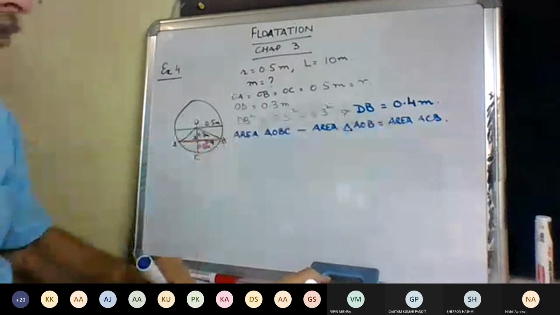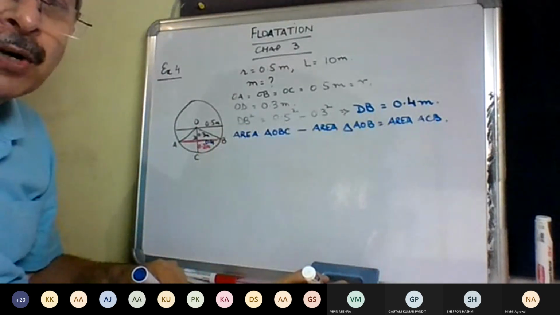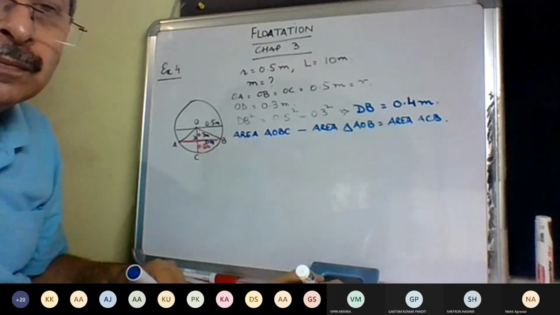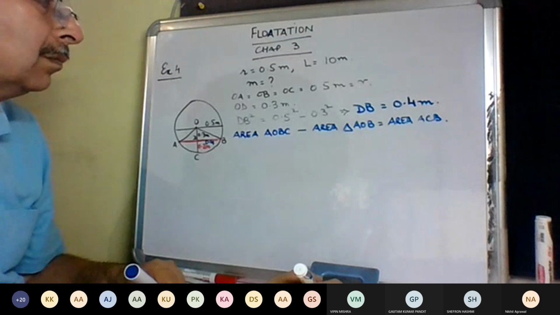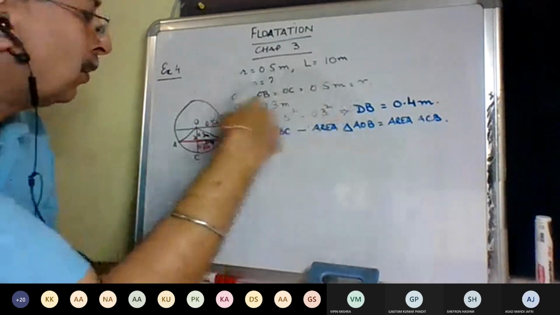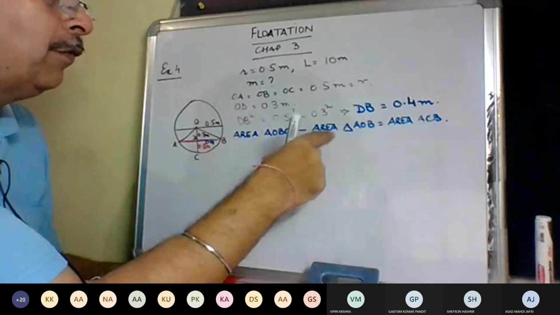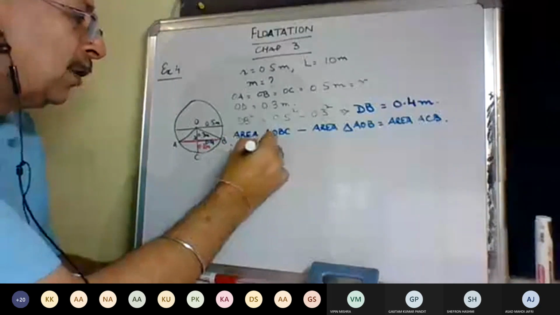And which is what I want eventually, because that will give me my underwater volume. Agreed? Yes, sir. Area of AOB I can find out because I've got the various values with me. So area of AOB, let's find out. Chalo. That is easier to handle.